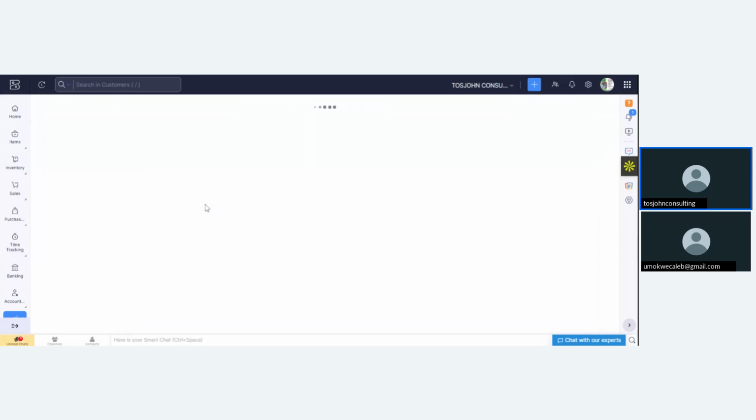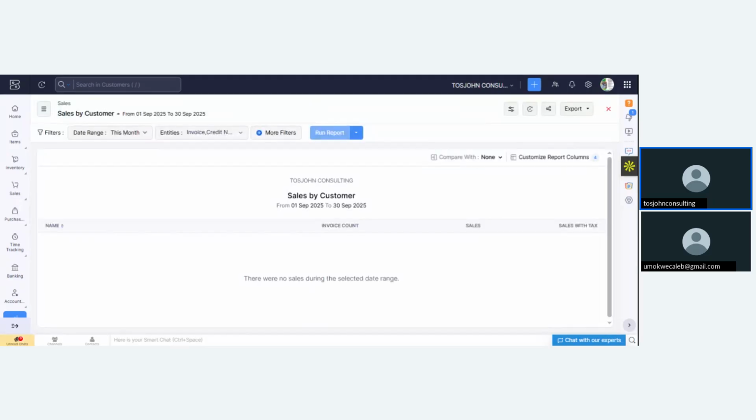So if you open sales by customer, you can be able to see which customers have been able to patronize us. So if you have put all the information correctly, you will always have it here. Although this one is showing from 1st of September to 30th of September, that's why nothing is showing here.